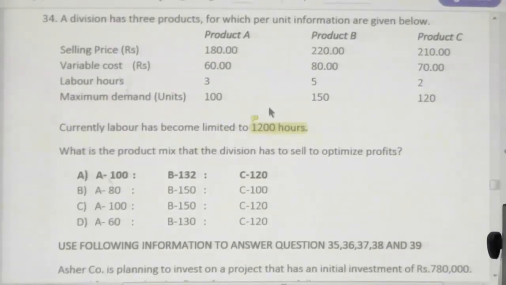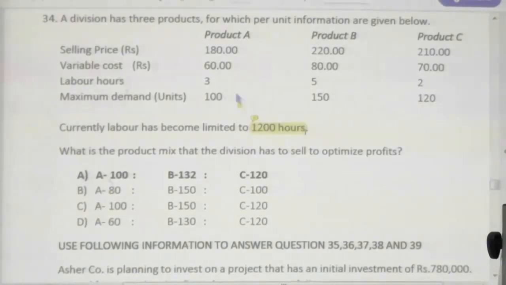Once you rank the 3 products, you know number 1 is C, number 2 is A, number 3 is B. Since C becomes number 1, the entire 120 you can produce, but you have 3 answers that bring 120. You can ignore B, but A, C and D you have to refer.